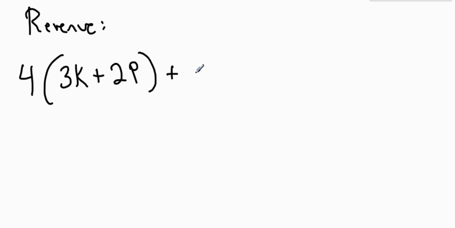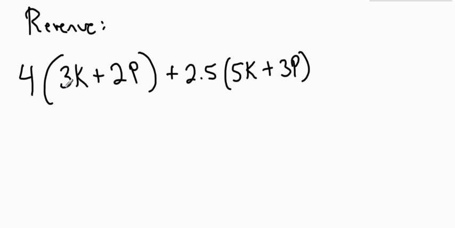Next, for students, I had 5K students and then I had 3P students, and each ticket for them was $2.50. So this is the number of adults, and it was $4 a ticket. This is the number of students, and it was $2.50 a ticket. And altogether, all that money combined was $4,285.